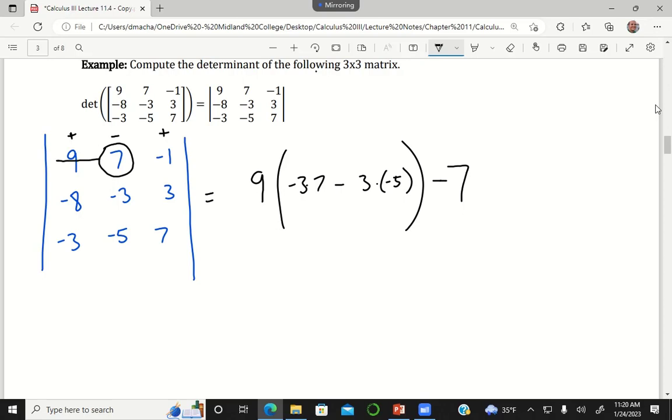I'm not going to worry about or think about any of the numbers that are in the same row or the same column as the 7. And what I'm going to do now is take the determinant of this 2x2 matrix that's left. Okay, so this is going to be 7 times the determinant of -8, 3, -3, 7.